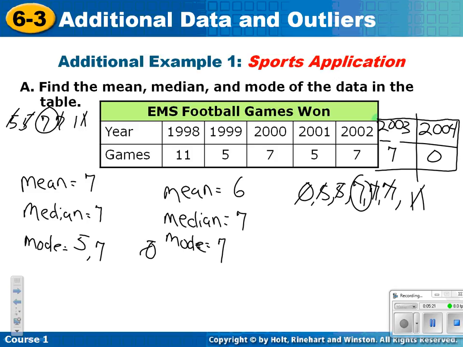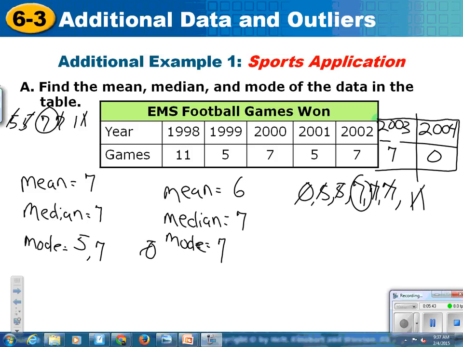You see, sometimes you find new numbers and then things change, right? What changed when we found additional data this time, Parker? Sometimes the mean, median, mode change when you find new data.